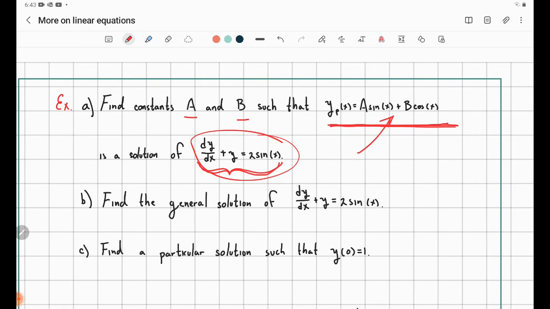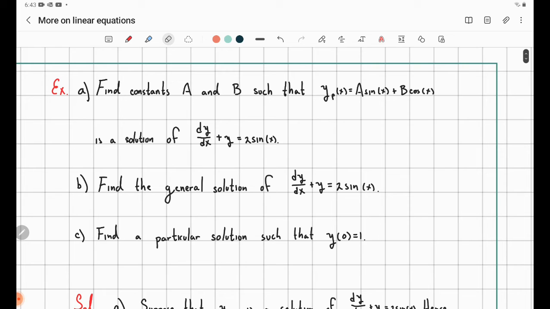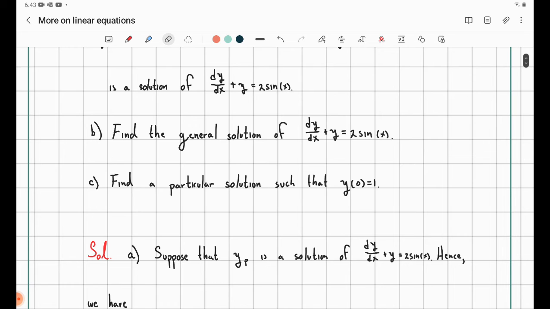So the first question is to find for which values of a and b the corresponding function y sub p is indeed a solution to our equation. So we need to find the particular values of a and b for which this function is a solution. Okay, in the second place, we need to find the general solution.